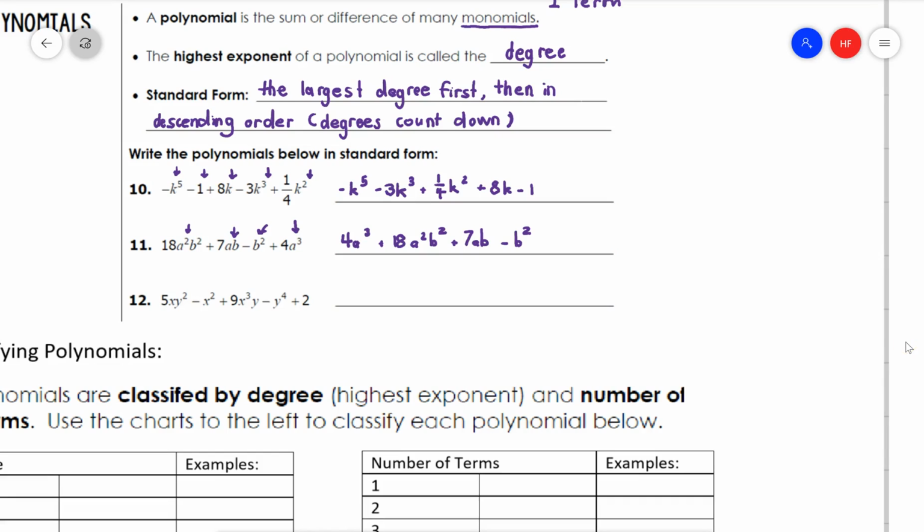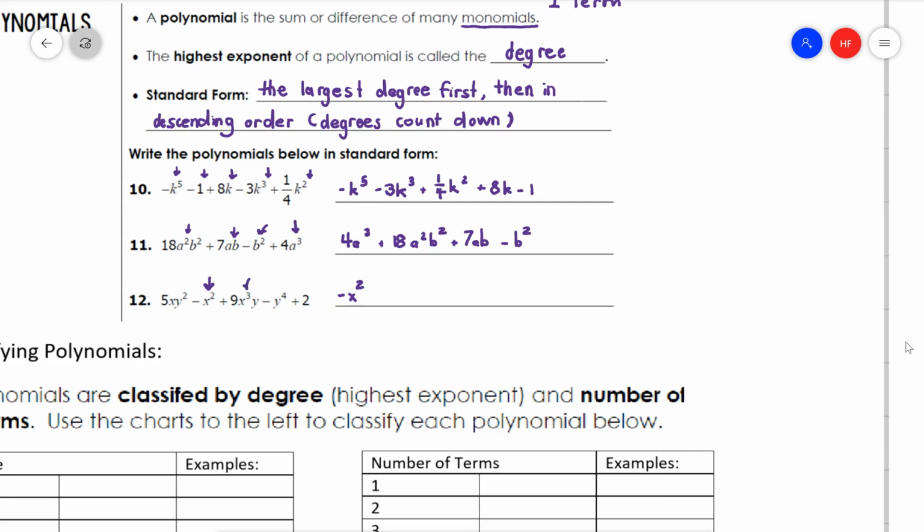And then on this last example, we have 5xy squared. Again, we have two different variables. So we're going to go alphabetical order, and then that means the combined ones will be right in the center. x comes before y. We're looking for the highest power of x. So negative x squared will be first. Then we want our combined x and y.